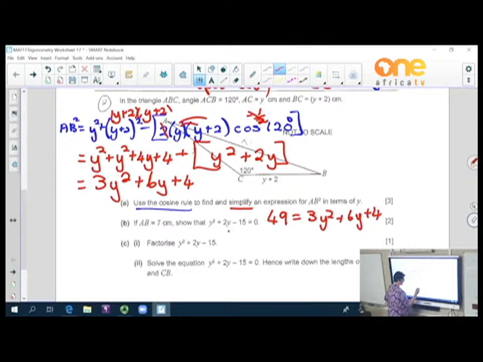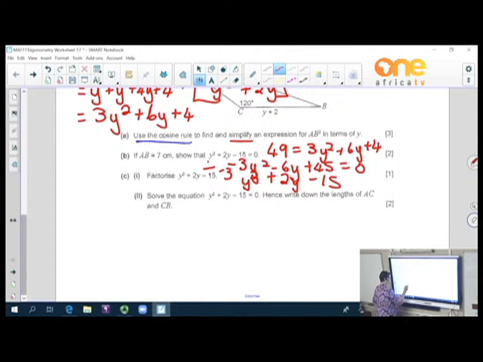If I bring it over now, it is -3y squared minus 6y plus 45, which is equal to 0. Now plus 45. And then if I divide everything by 3, show that you do that, divide by -3, then I come to y squared plus 2y minus 15.